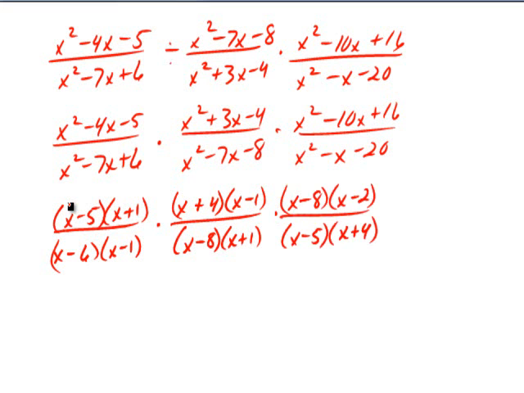So the problem has been changed completely into multiplication. We factor down each numerator and denominator. Let's cancel the same values from the top as the bottom. x minus 5s, x plus 4s, x plus 1s, x minus 1s, x minus 8, and I'm left with x minus 2 over x minus 6.